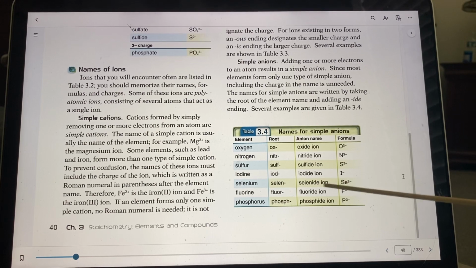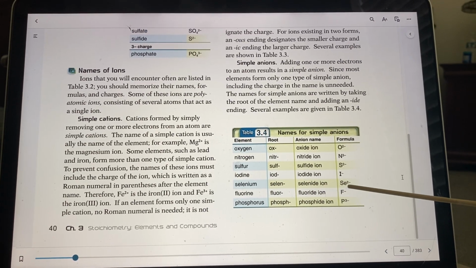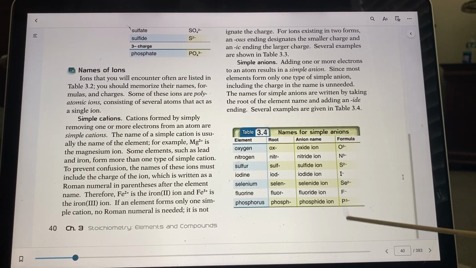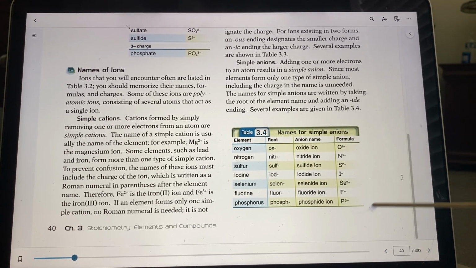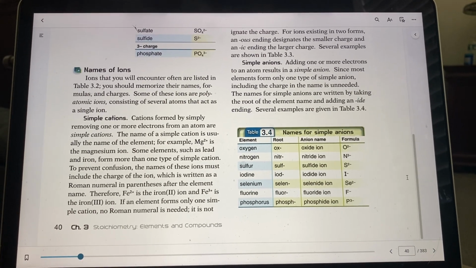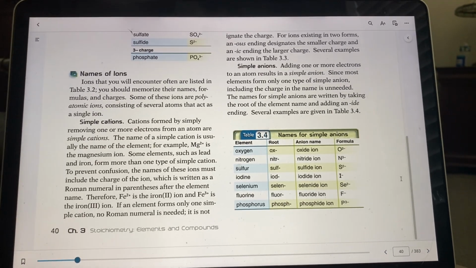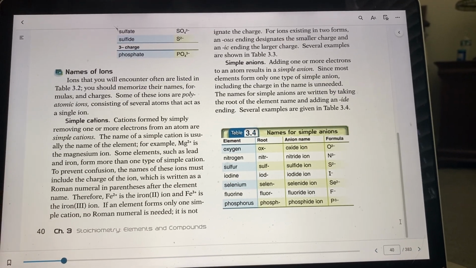Iodide ion, see all these ions? Selenide, just go down here and you'll see. So these are some names for simple anions. Remember we talked about the simple cations, which are positive. These are the negative ones. And you'll see how when we start naming these, you'll recognize this.